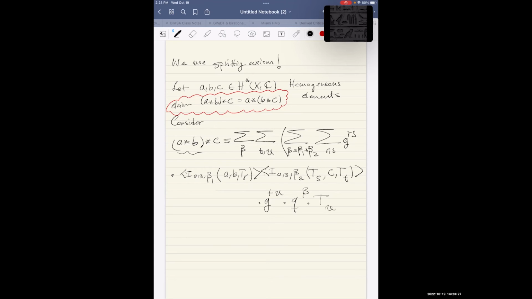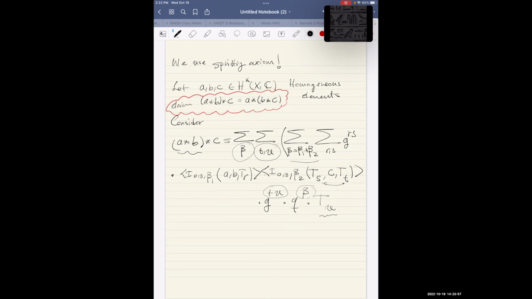So let's see, are we making sense? Yes, so we are adding over T and U, we are adding over betas. Betas are going to be beta 1 plus beta 2. We are adding over T and U, this is okay. We are adding over beta, that's okay. And then we are left still with some extra class TU, that makes sense. And these two things are being absorbed into the sum.